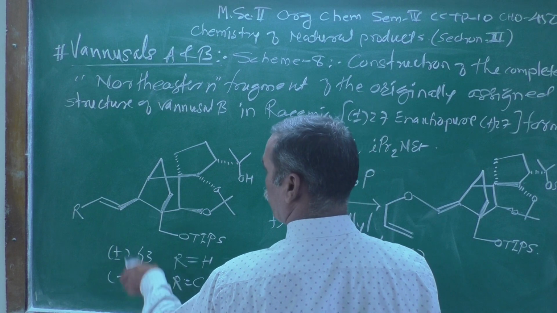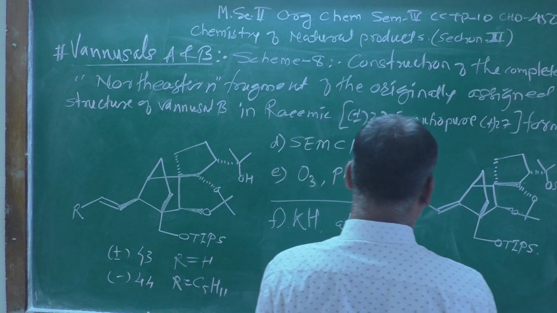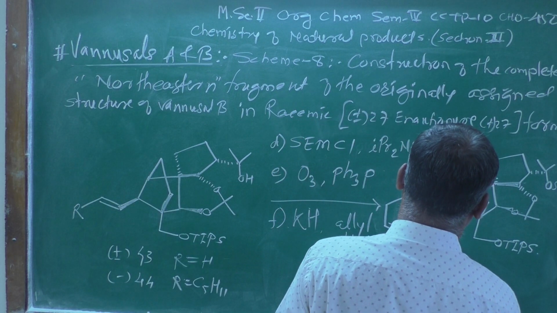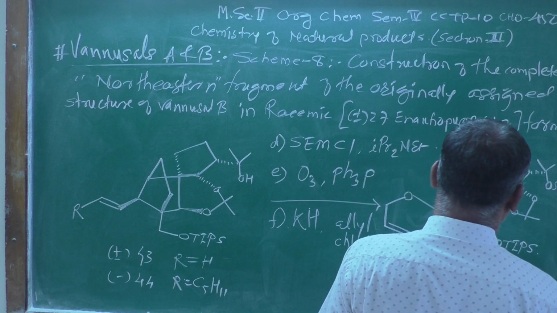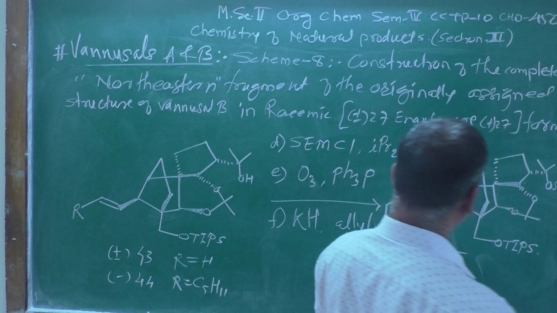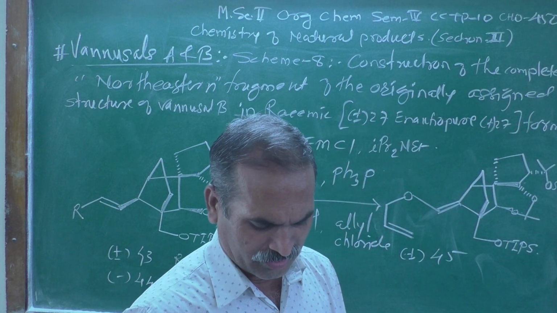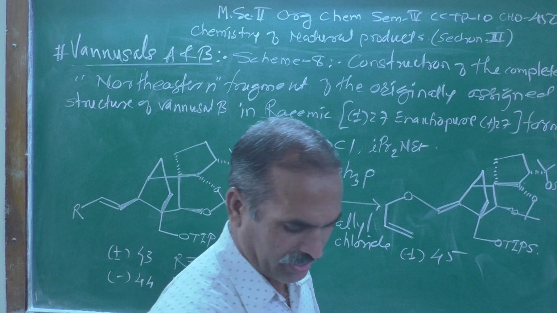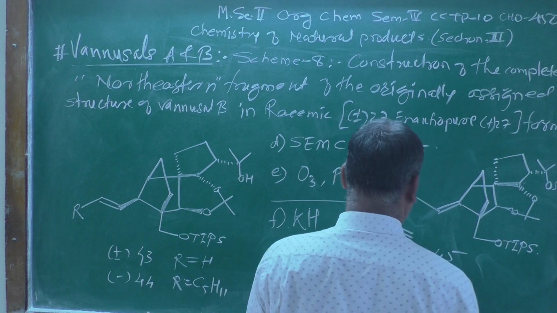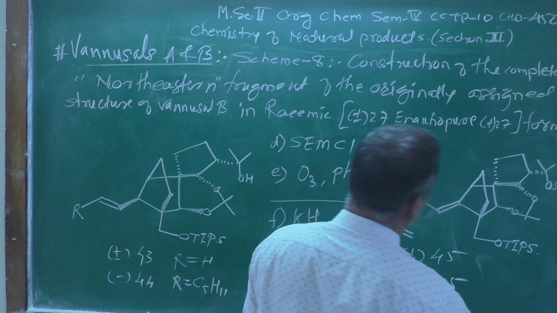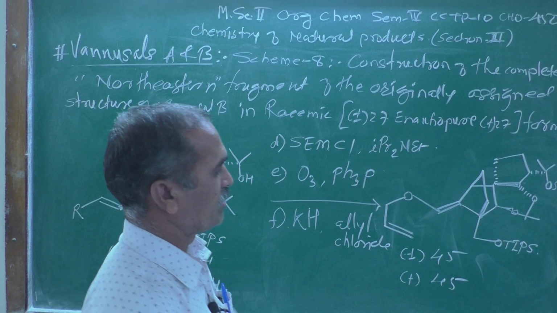Up to 44 we have seen. Now plus minus 45, and then we have separated the pure enantiomer, that is plus 45, which is this one.